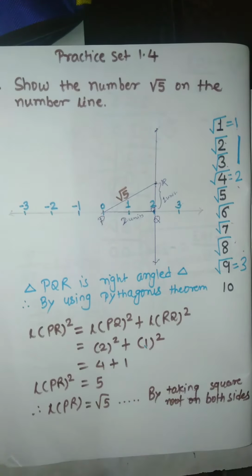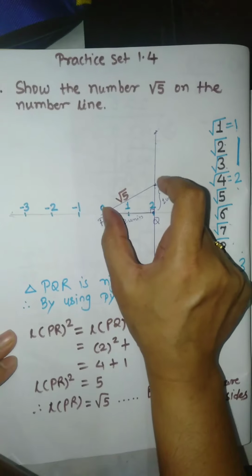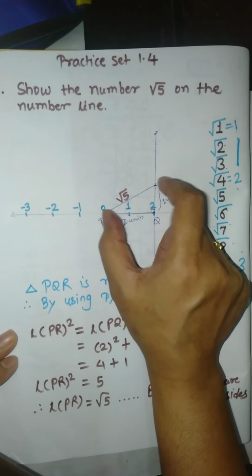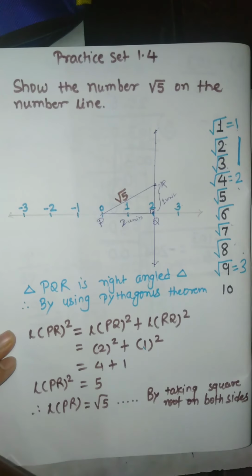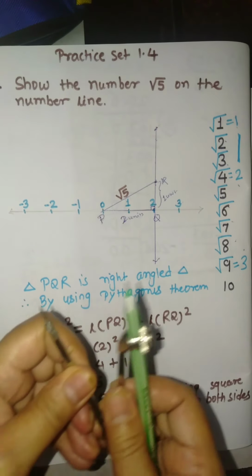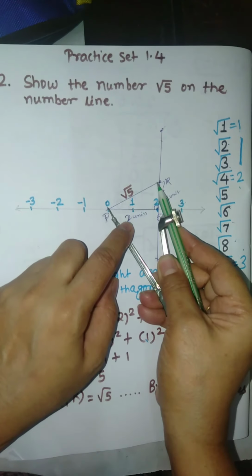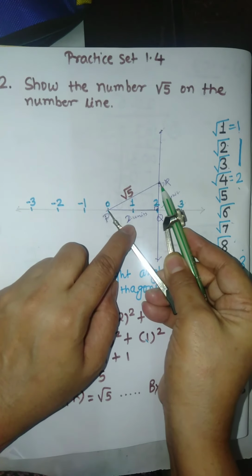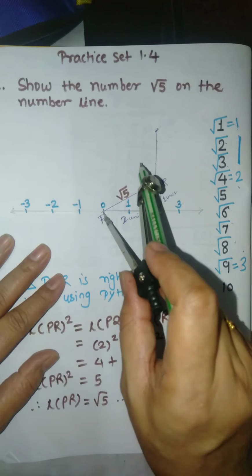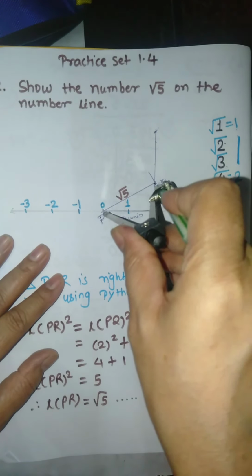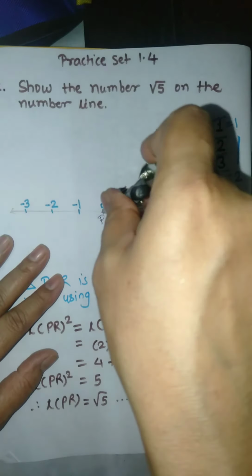Now root 5, take this distance in the compass and draw the arc on the number line. See here, keep the PR distance in the compass, put the needle on P and draw the arc of distance root 5.